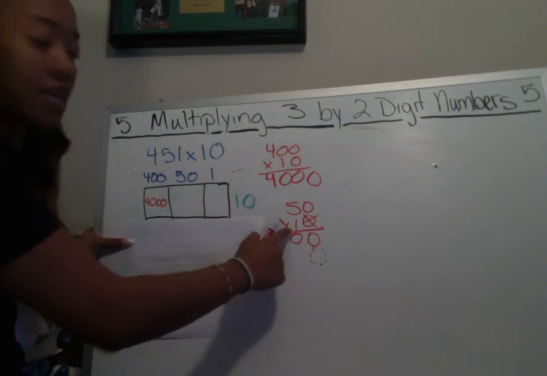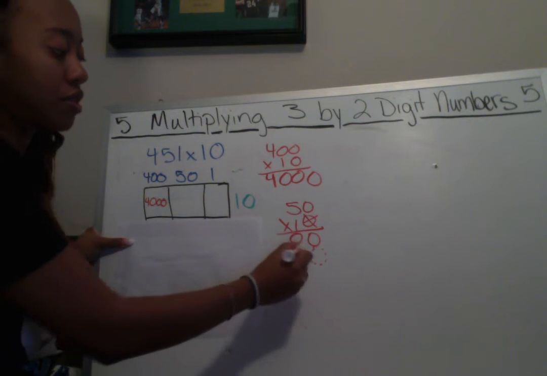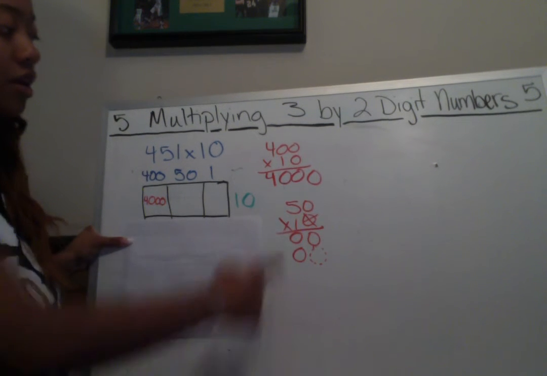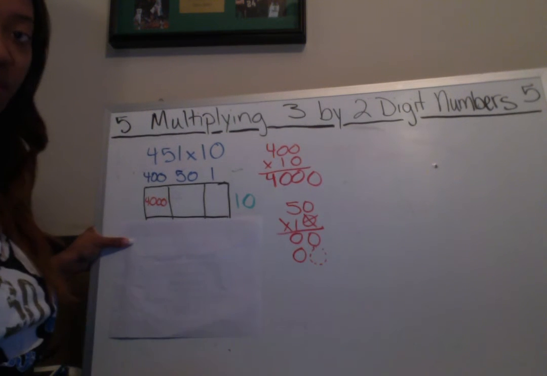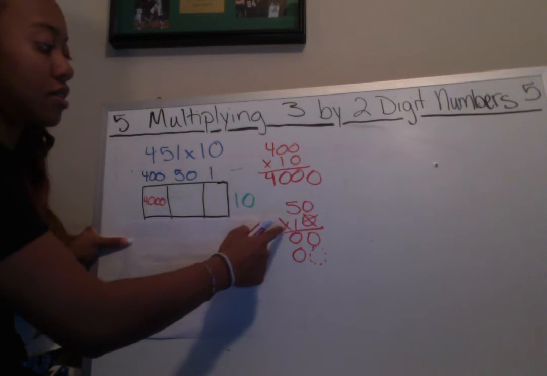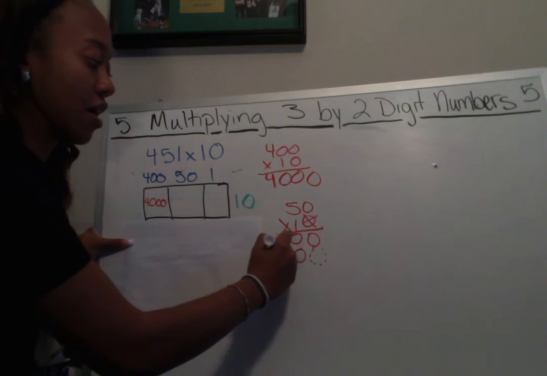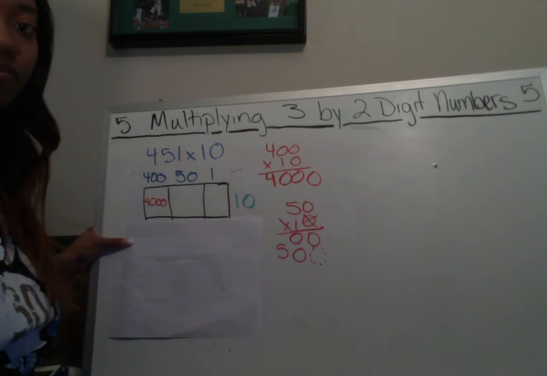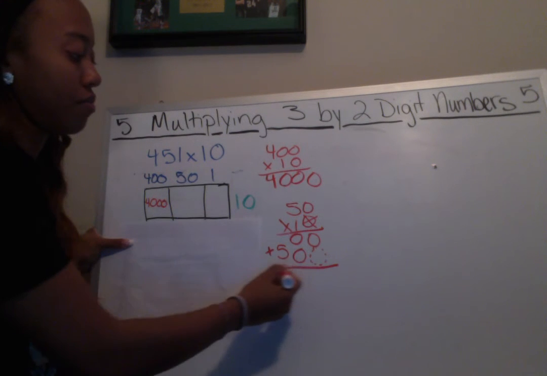And now I'm in the tens place. Tens by ones, 1 times 0 is 0. Tens by tens, and when I'm saying by, I'm using that multiplication sign. Tens by tens is 1 times 5, which is 5. So that's where that's coming from.